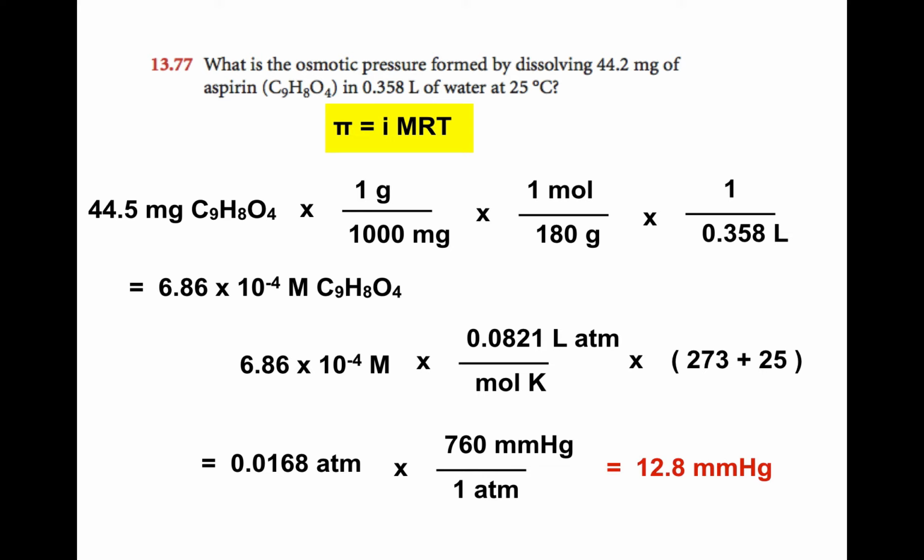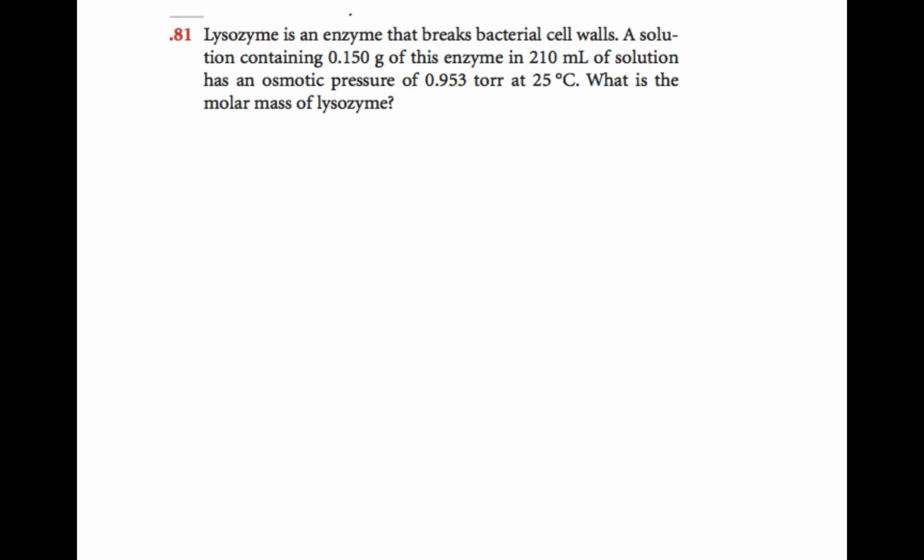Our fourth colligative property. Lysozyme is an enzyme that breaks bacterial cell walls. A solution containing 0.15 grams of this enzyme in 110 milliliters of solution has an osmotic pressure of 0.958 torr at 25 degrees Celsius. What is the molar mass of lysozyme?